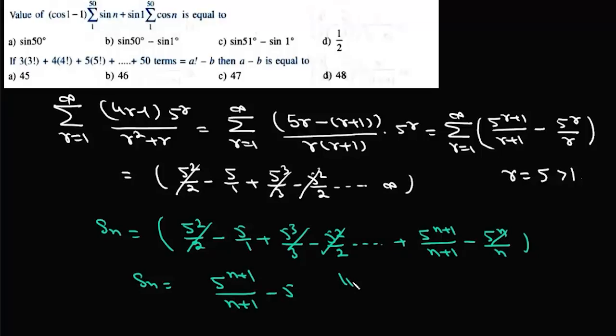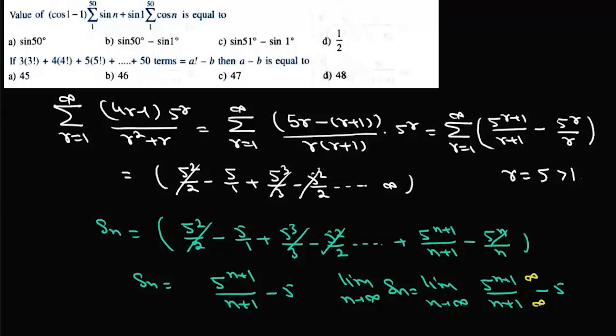Now if we take this limit n tends to infinite, Sn will be this limit n tends to infinite of 5 to the power n plus 1 upon n plus 1 minus 5. Now this is infinity upon infinity form. We can use L'Hopital's rule.